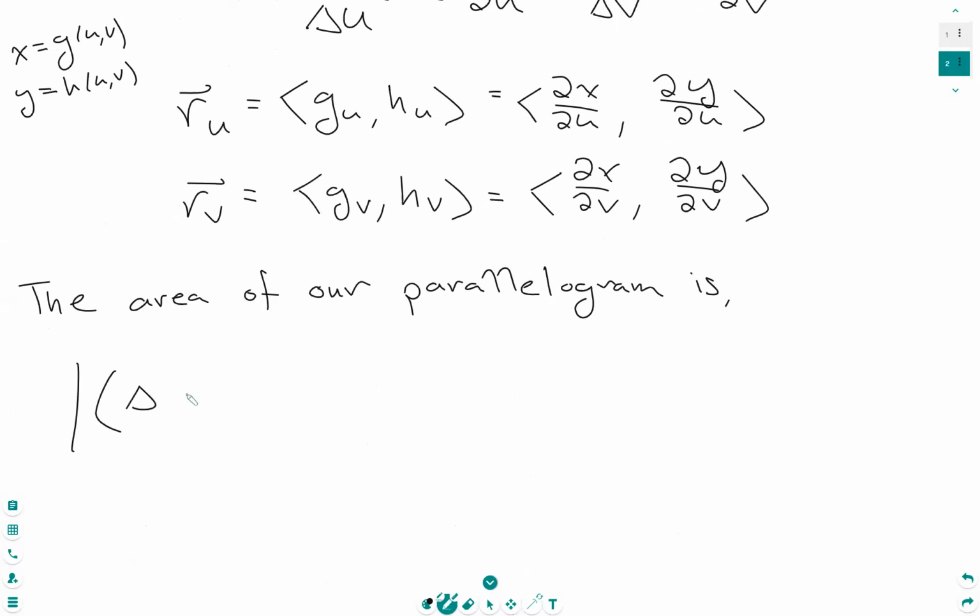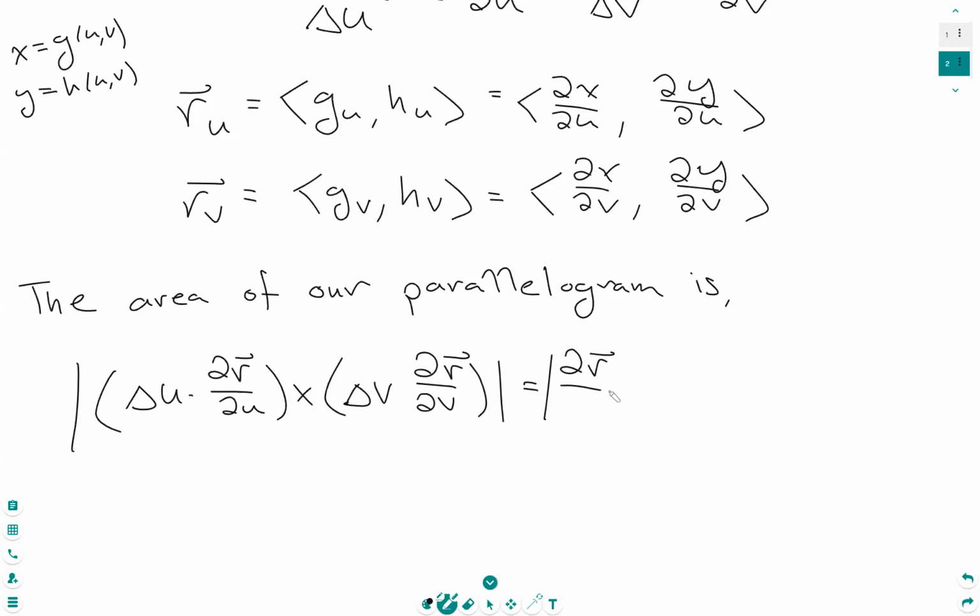So this is the change in u times partial r partial u, crossed with delta v times partial r partial v, which is partial r partial u crossed with partial r partial v in magnitude, times the change in u times the change in v.